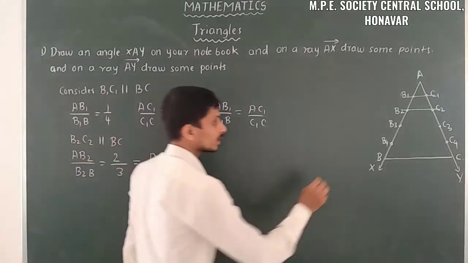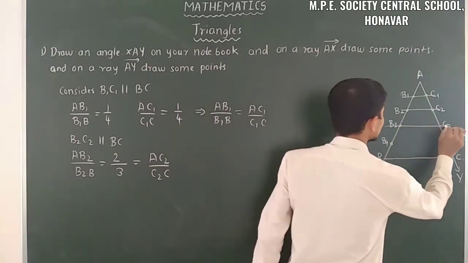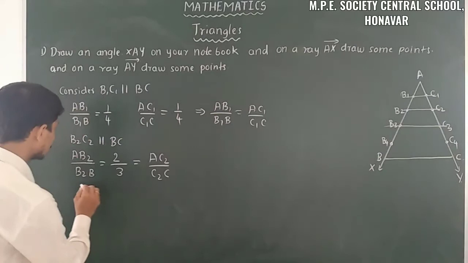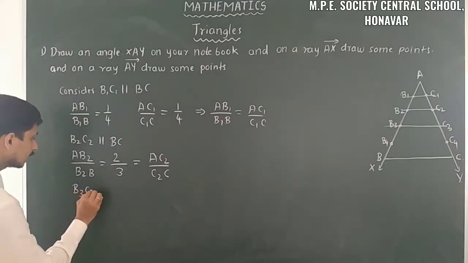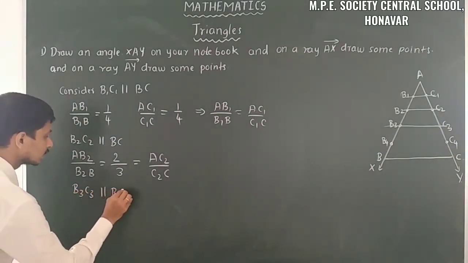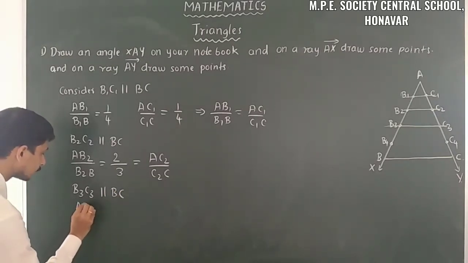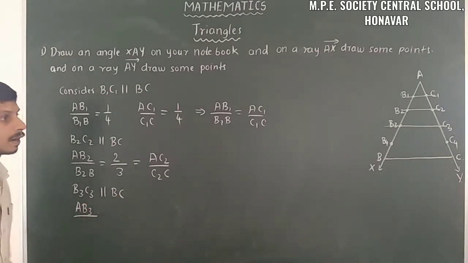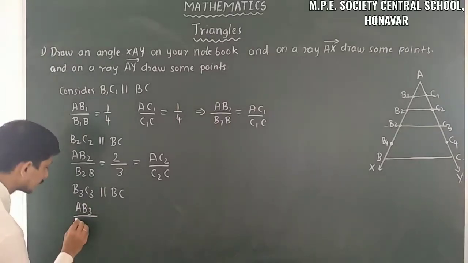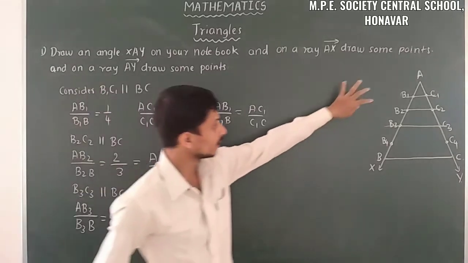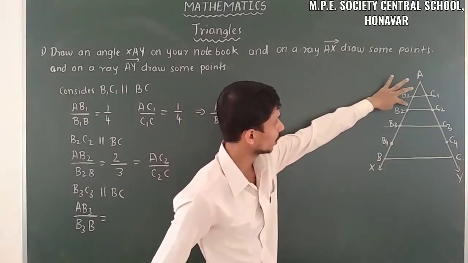Also consider B3C3, where B3C3 is parallel to BC. We have the same condition, that is AB3 by B3B is equal to, here just observe AB3 means there are 3 unit distances, 1, 2, 3.